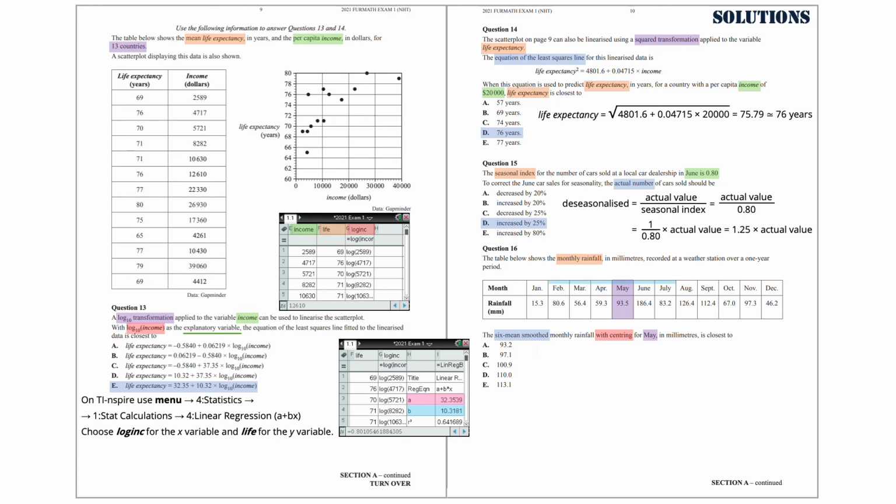So we add up all those values, divide by 6, and the mean is 93.23. We do the same for the months March, April, May, June, July, and August. So we add up all those values and again divide by 6, and that is 100.87. For centering, we are going to add up these two values and divide by 2. And that is approximately 97.1. So the answer we're after is option B.